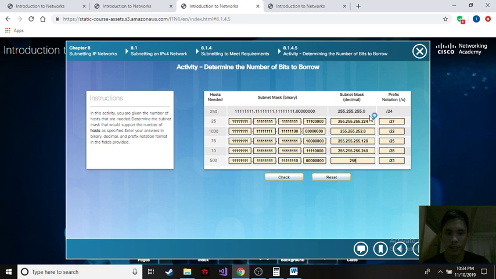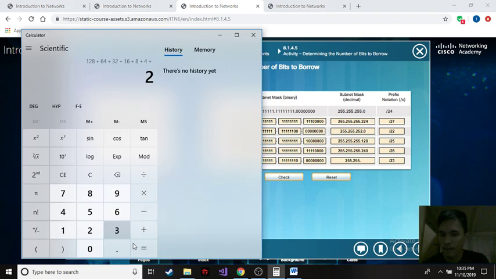So 128 plus 64 plus 32 plus 16 plus 8 plus 4, 1, 2, 3, 4, 5, 6 plus 2. 1, 2, 3, 4, 5, 6, 7. So the answer here should be 254.